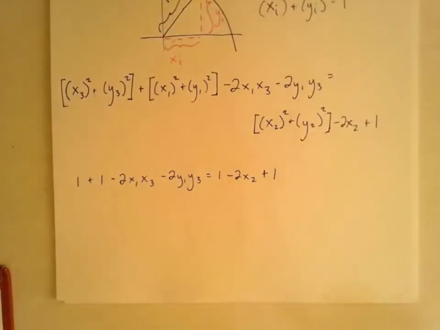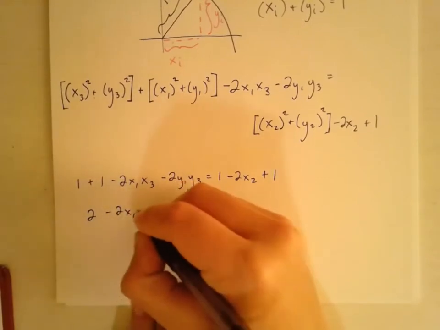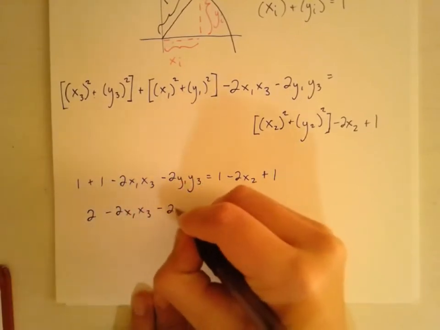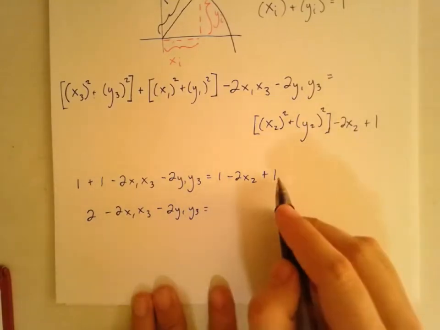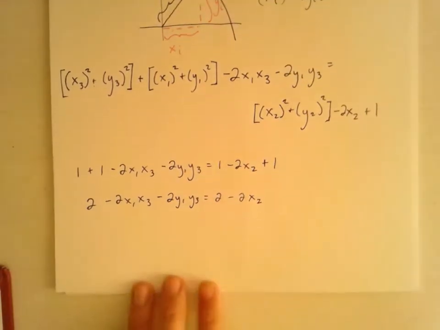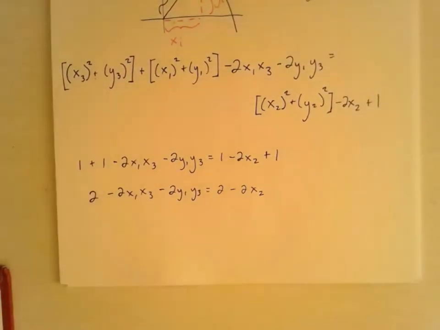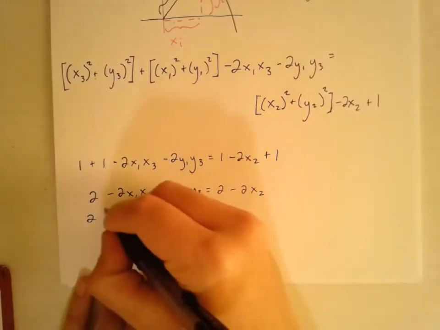And of course I combine my like terms. Right, I get 2 minus 2x1, x3 minus 2y1, y3 equals, again, combine like terms, 2 minus 2x2. And now I'm hoping we see the glaringly obvious factoring that needs to happen here, and that is factoring of the 2 on either side. So every term here has a 2.